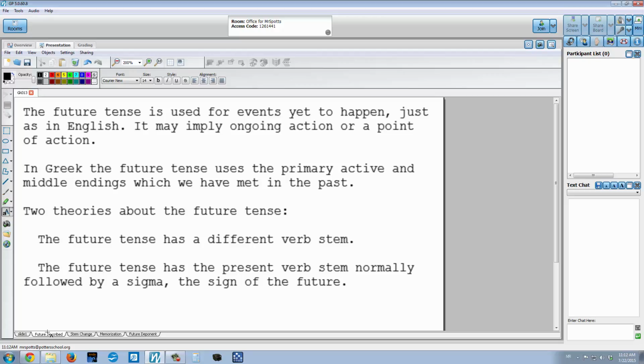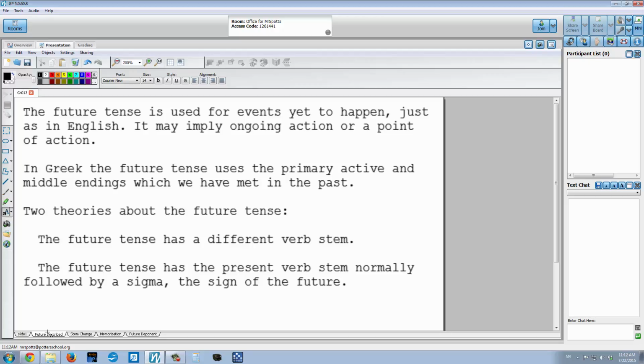It's used for what has not yet happened. In Greek, it may imply ongoing action, like the present or the imperfect tense does, a linear kind of action, or it may imply a point of action. This afternoon, the phone will ring. I'm expecting a phone call once.